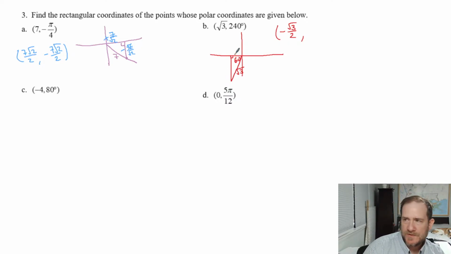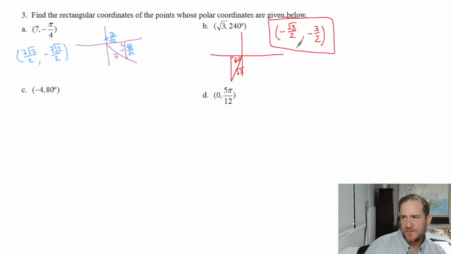And you're supposed to know that your long leg is the short leg multiplied by √3. So √3/2 times √3 would be 3/2. And of course we're going down, so it would still be negative. So those should be the coordinates for part B, using a purely geometric approach.